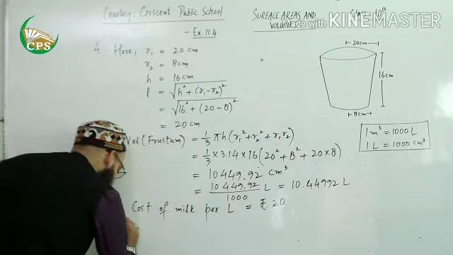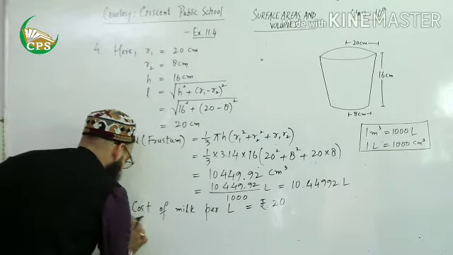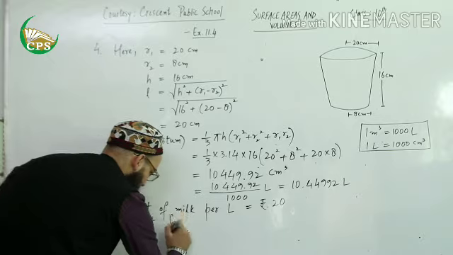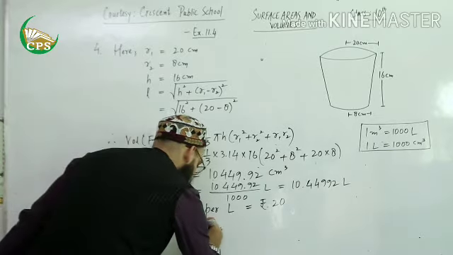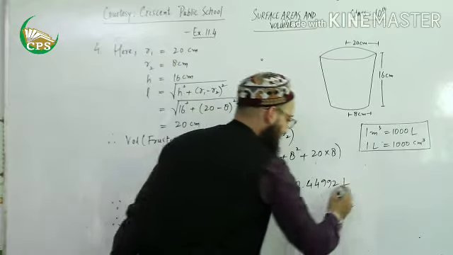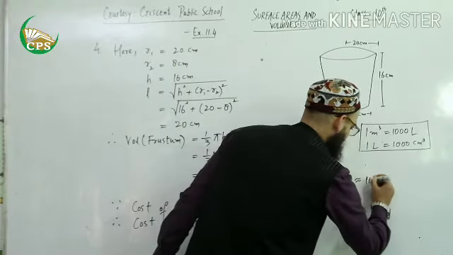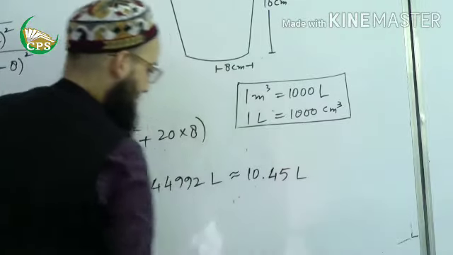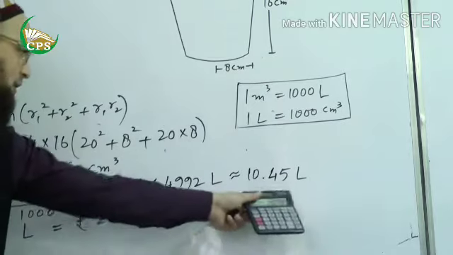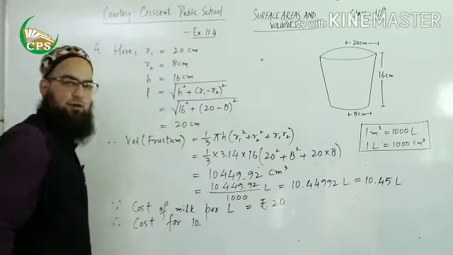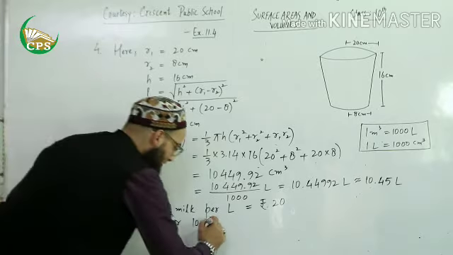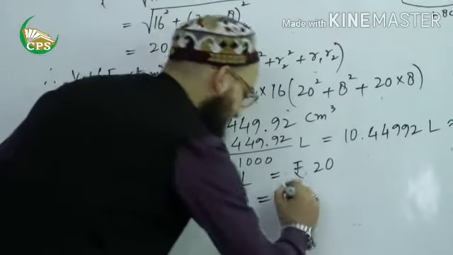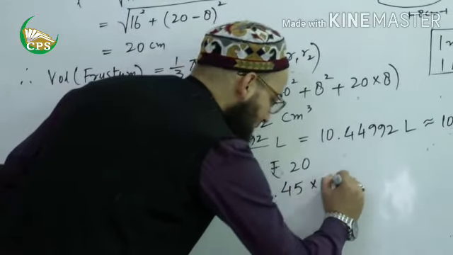Therefore, I can say this is of the order 10.45 liters, approximately equal to 10.45 liters. Therefore, the cost for 10.45 liters is equal to 10.45 times 20.